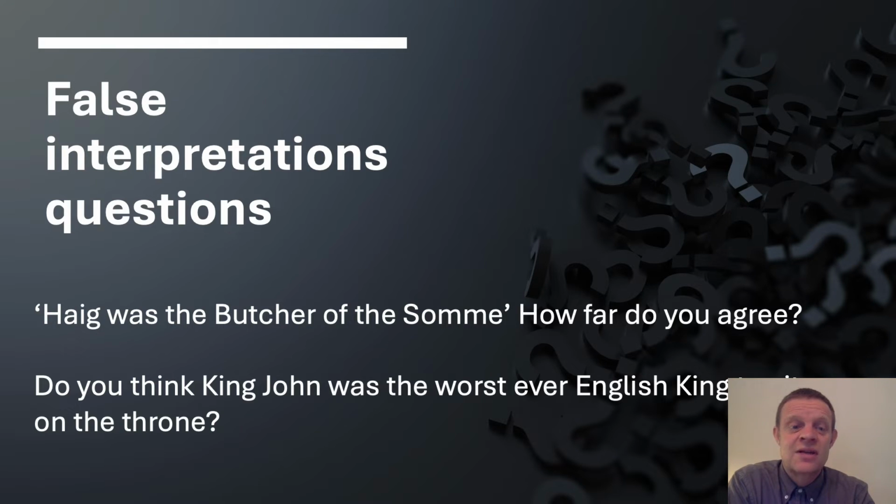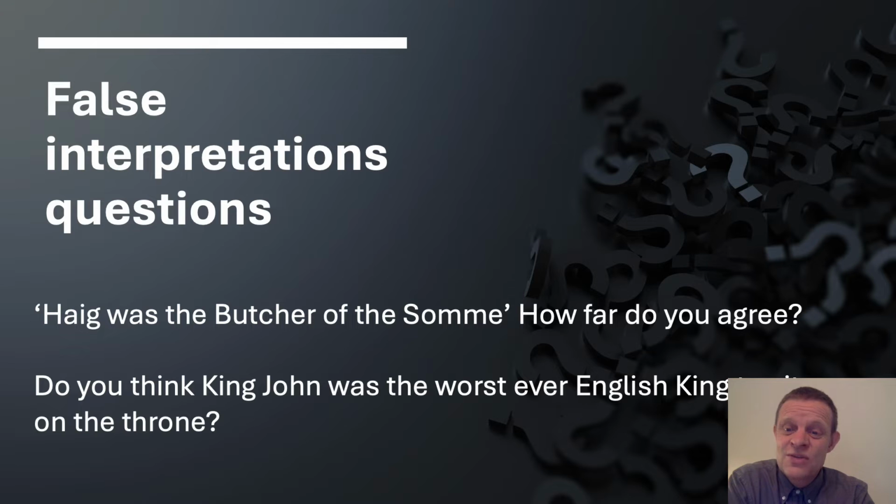So questions like these are not really interpretations questions. Questions like, Haig was the butcher of the Somme. How far do you agree? Or do you think King John was the worst ever English king on the throne?